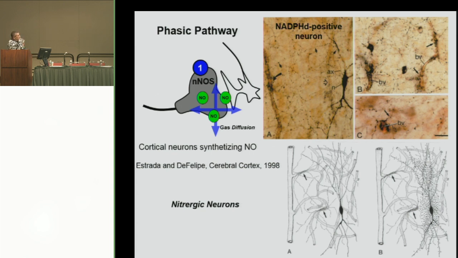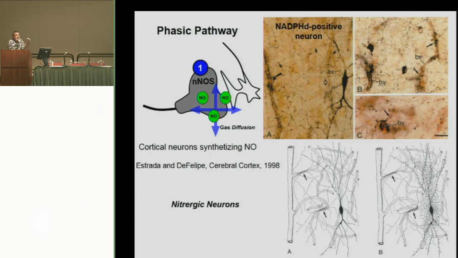Starting in the late 90s, Estrada and Javier de Felipe did a study in which they noticed that there was a nitrergic neuron, typically a neuron that releases nitric oxide, and normally they're close to the vessel. These nitric oxide synthases are normally in the terminal of the neuron.